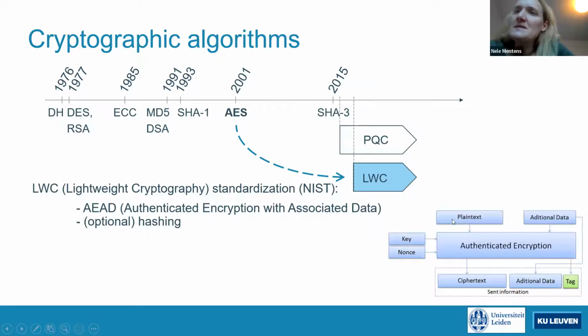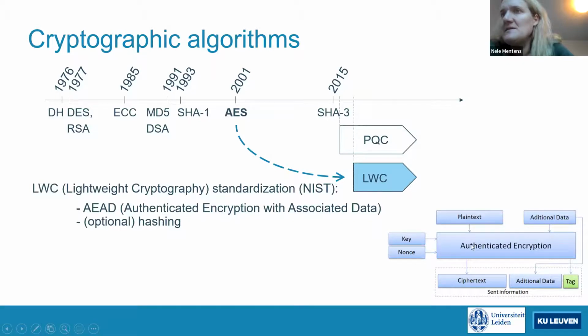For AES, there was also a competition and AES came out as the winner. The guidelines for that competition were just like, you have a plain text and we want to do encryption to get the ciphertext. In this competition, the call is searching for AEAD algorithms, which means that plain text should go through an authenticated encryption algorithm to form a ciphertext.